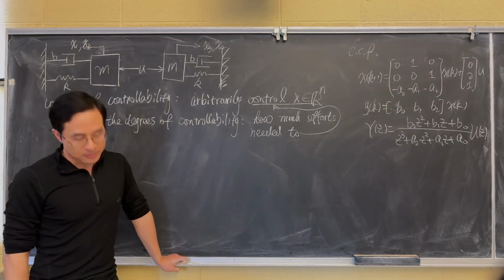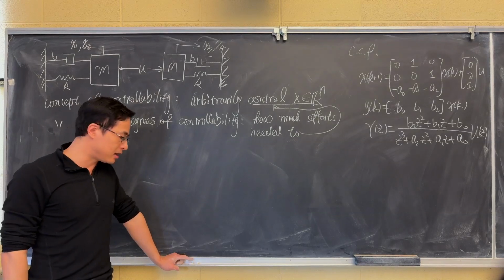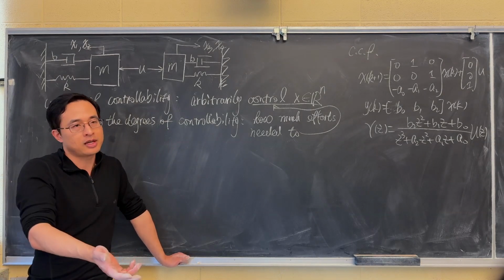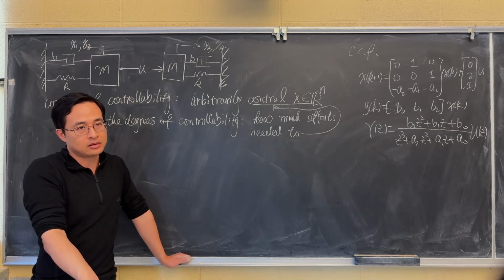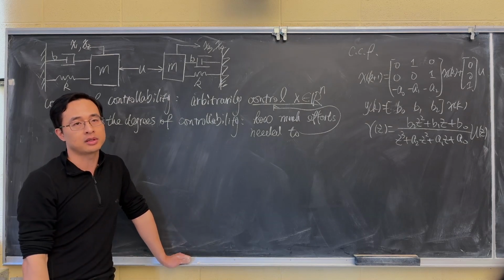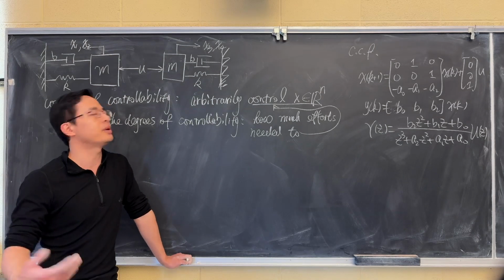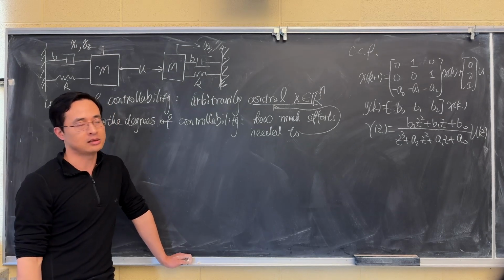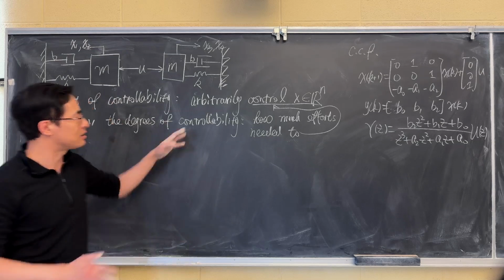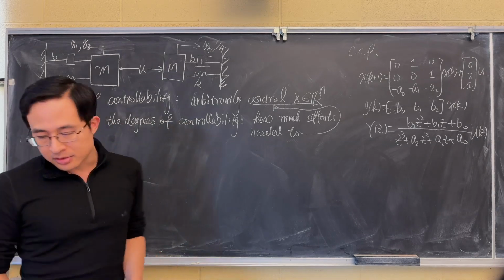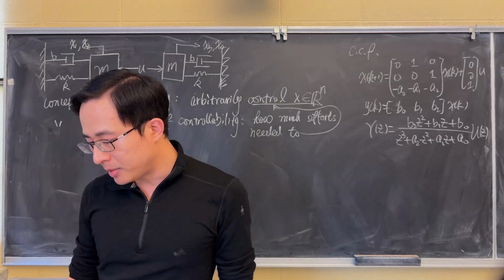In practice, even if a system is completely controllable, but if it's a motor control and it takes 1,000 volts to control the motor to some desired position, then that's not a super helpful scenario, and the system may not be as controllable as we want. Those are the two central concepts of controllability.